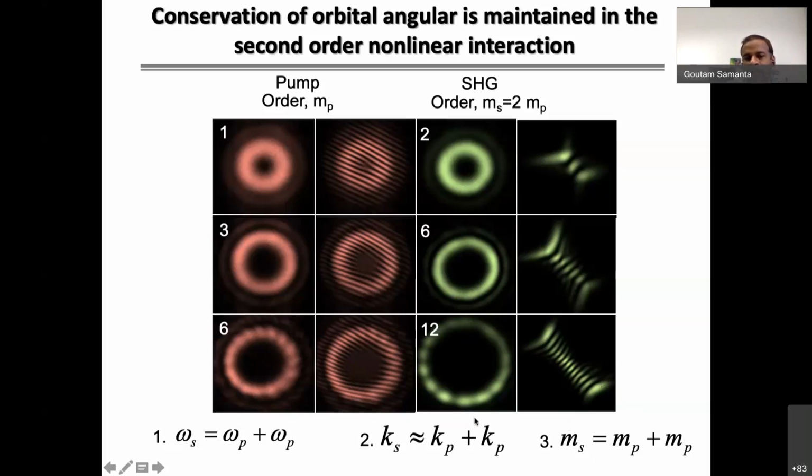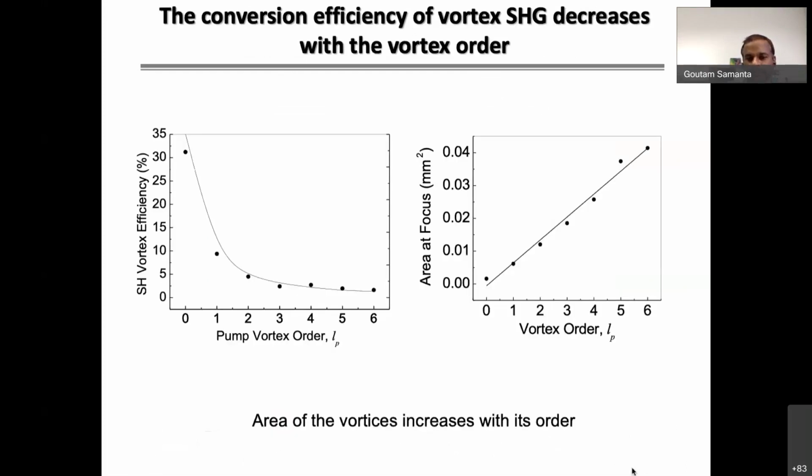This momentum conservation adds to the intensity. So we can generate higher power if we have momentum conservation. Energy conservation is automatically satisfied because it's a parametric process, and then we confirmed that orbital angular momentum conservation is also holding in this kind of process.